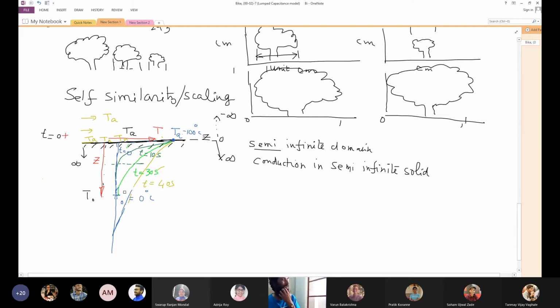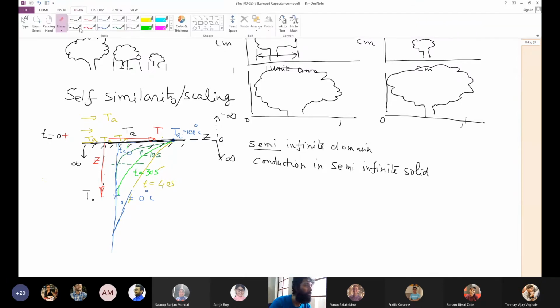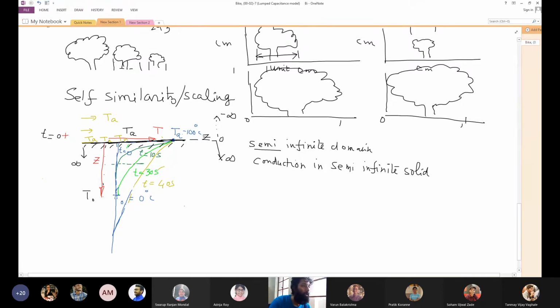Okay, so these are the temperature profiles at different times. If I tell you that this material has a thermal diffusivity of alpha, can you give an approximate estimate of this length scale?